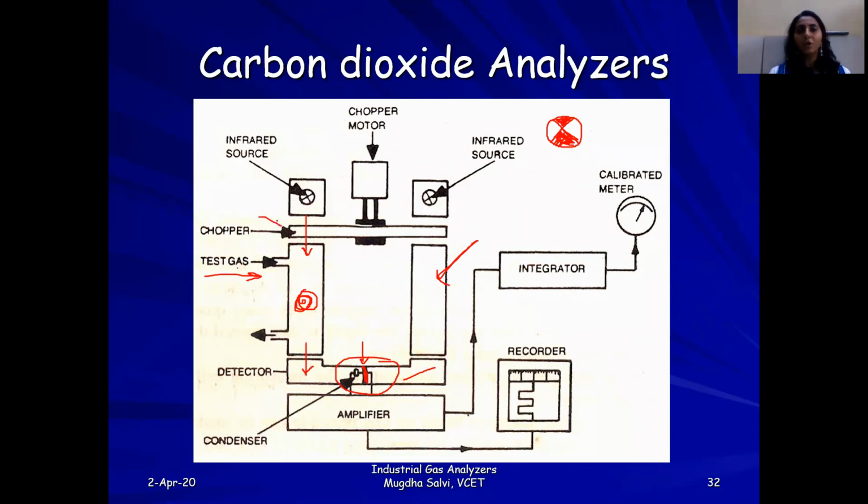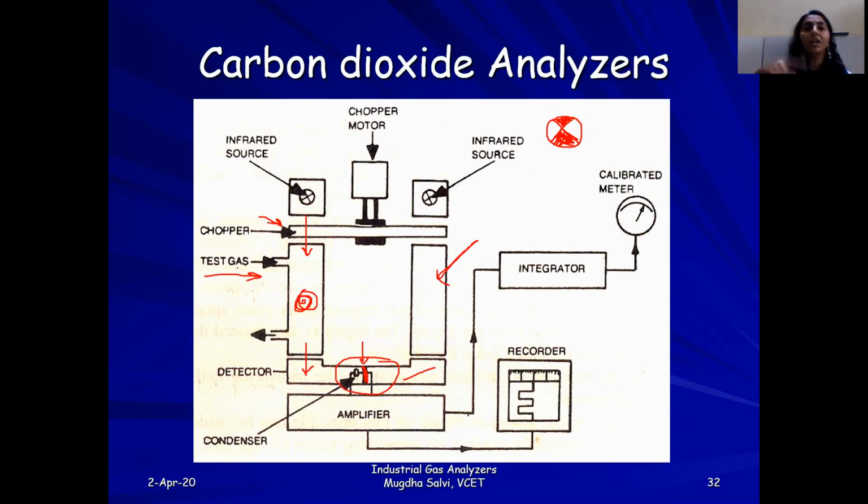Now, here we have a chopper which is continuously rotating. Once the radiations pass, the other time the radiations are blocked. When the radiations pass, the low pressure is created, there is a movement in the diaphragm, and there is a change in capacitance. When the chopper blocks the radiations, the diaphragm comes back to its original position and there is no change in the capacitance.